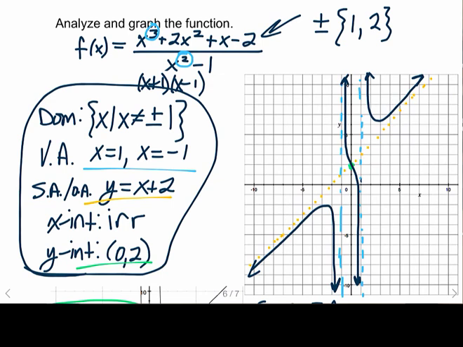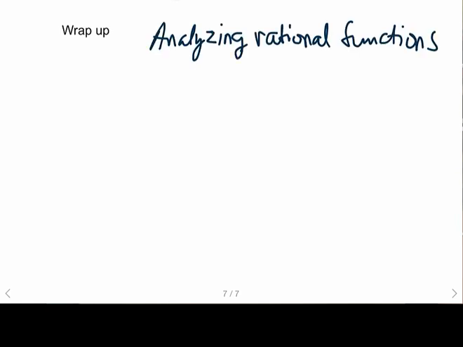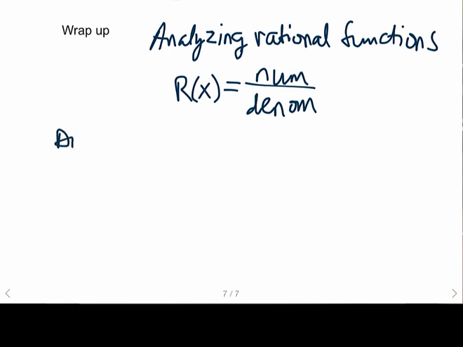Now, let's wrap up all of this stuff. To analyze rational functions, which are generally of the form r of x is equal to a polynomial numerator over a polynomial denominator, we first are going to look at the domain. The domain is the set of x such that the denominator does not equal 0.